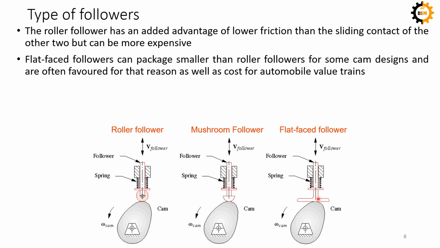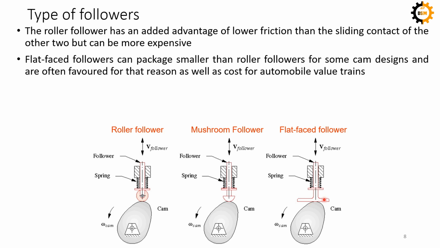Then we talk about the flat face, the right one. It has the advantage that it has more range. So it is a very easy to make follower. Of course, it has more friction, so there will be loss of energy, but it is easier to make.